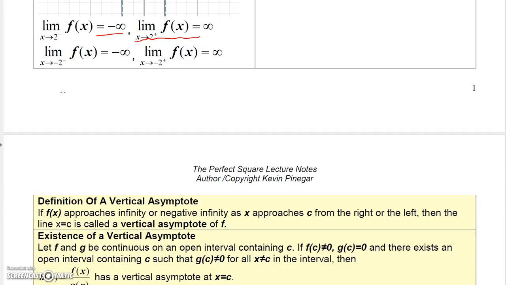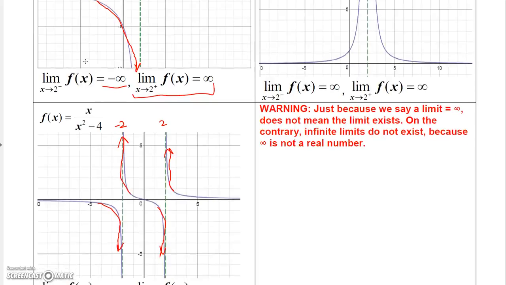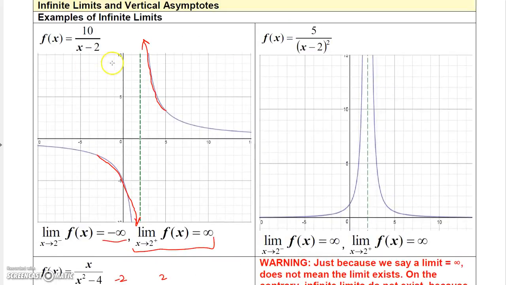So that's infinite limits. You're going to get a vertical asymptote anytime the function approaches infinity or negative infinity as x approaches some number c from the right or left, then x equals c is called a vertical asymptote. So if you go back to these, on this one, x equals 2 is a vertical asymptote.